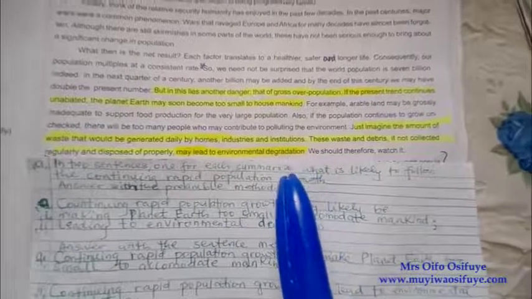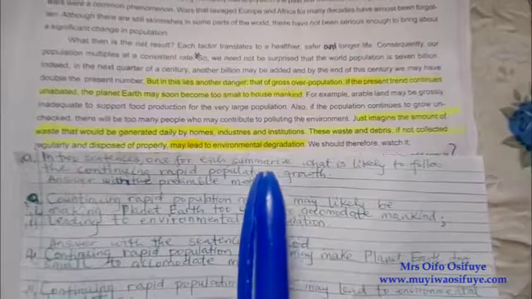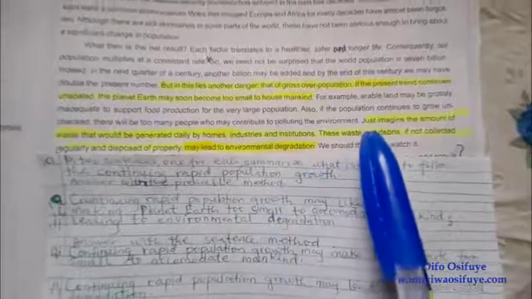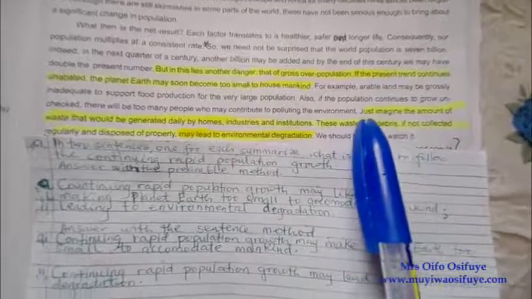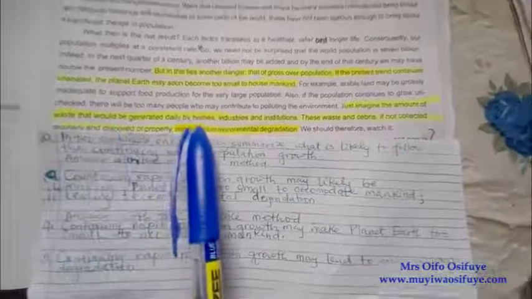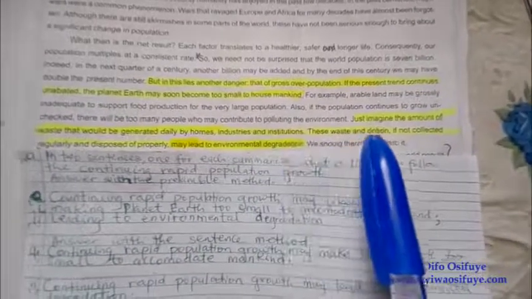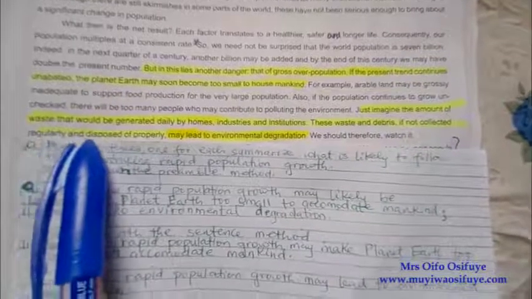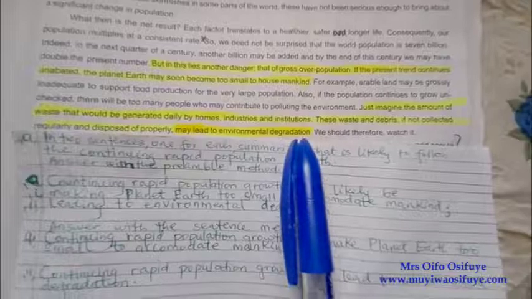Remember the question we are looking at. Continuing rapid population growth. So you can see that the likely answer again is from this area where we have marked out. Just imagine the amount of waste that will be generated daily by homes, industries, and institutions. These waste and debris, if not collected regularly and disposed of properly, may lead to environmental degradation.